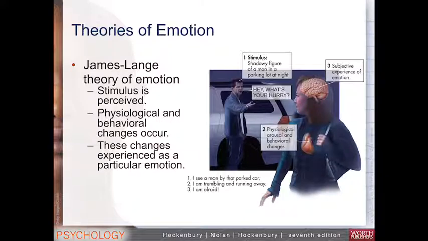Number two is the physiological and behavioral response, which is I'm trembling. Okay, my heart rate is increasing, and I'm going to run away. And then the final part of this theory is the feeling I'm scared, I'm afraid. So the subjective experience of emotion, this is the complex feeling of I am scared, comes last.